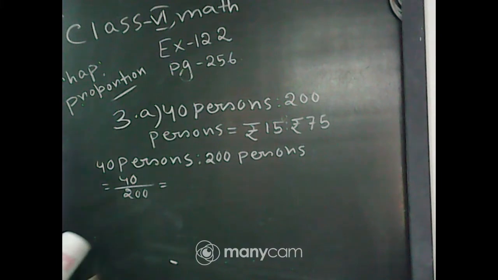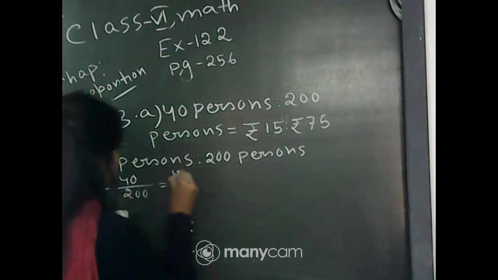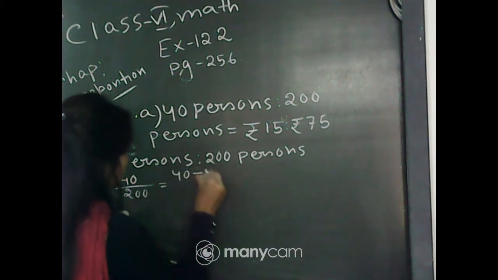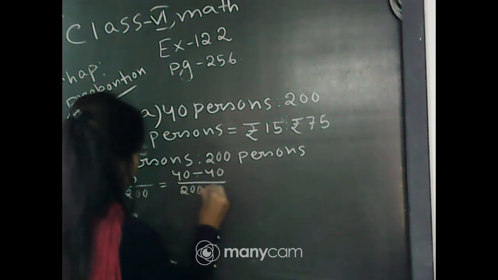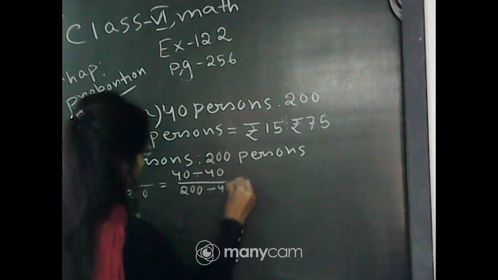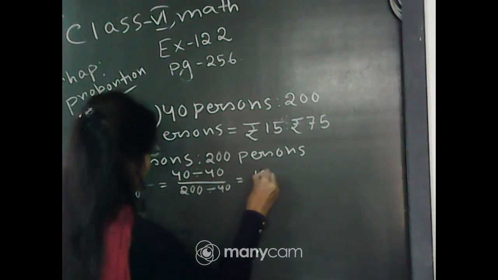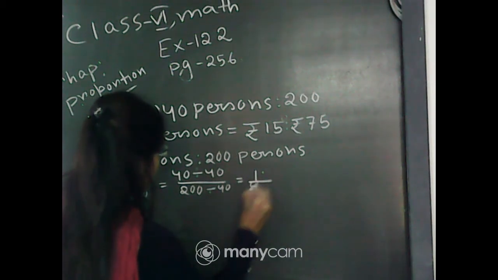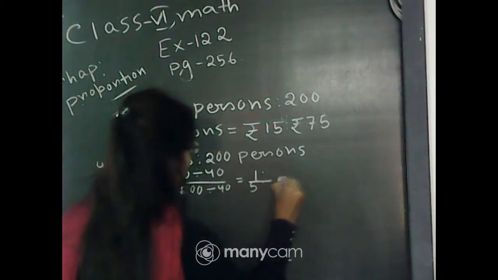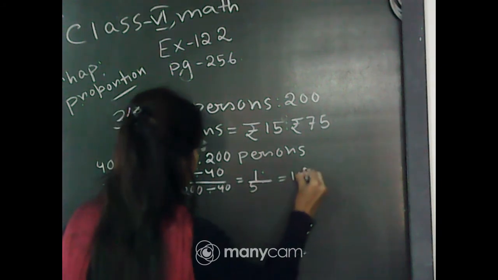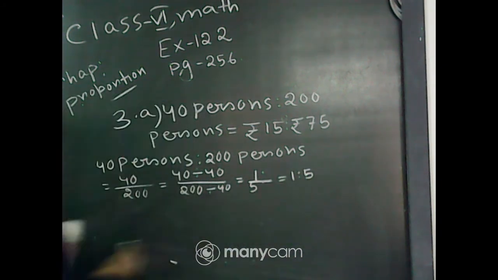Therefore, to get the simplest form, we divide both the numerator and the denominator by 40, and we get 1 divided by 5, that is 1 is to 5.